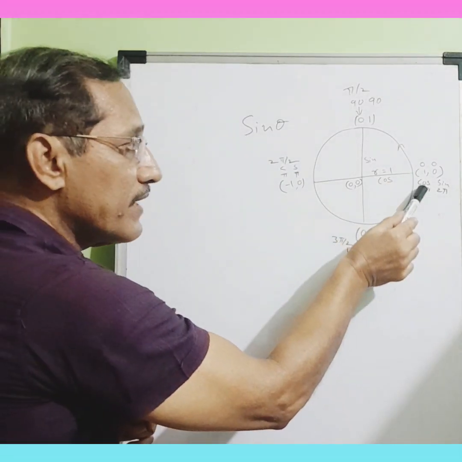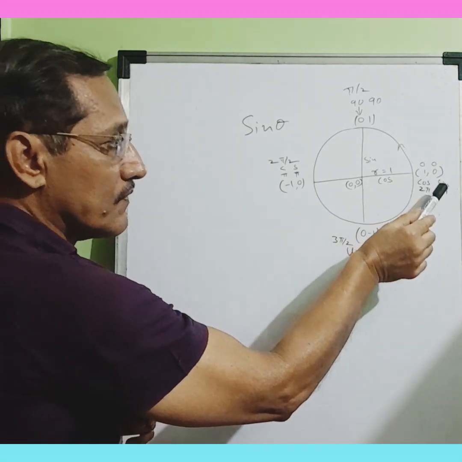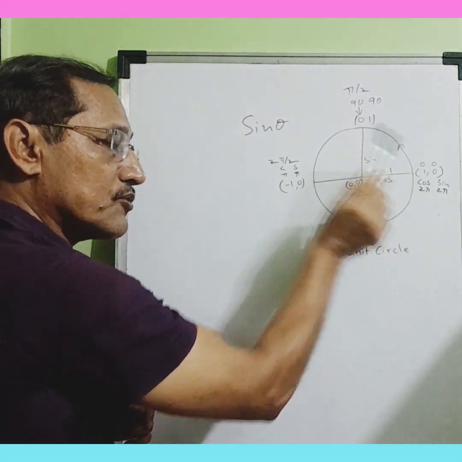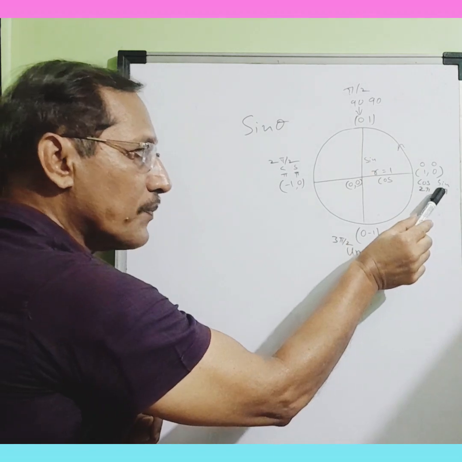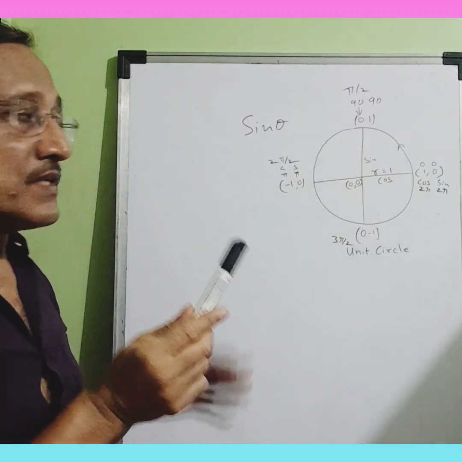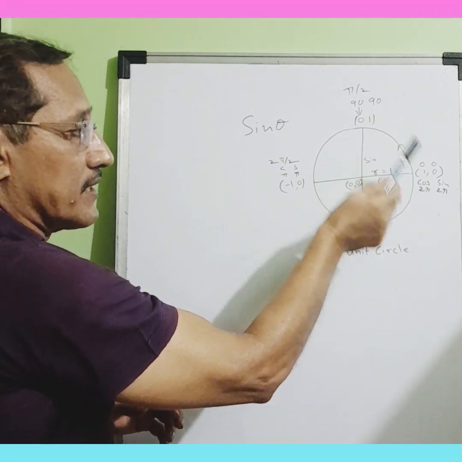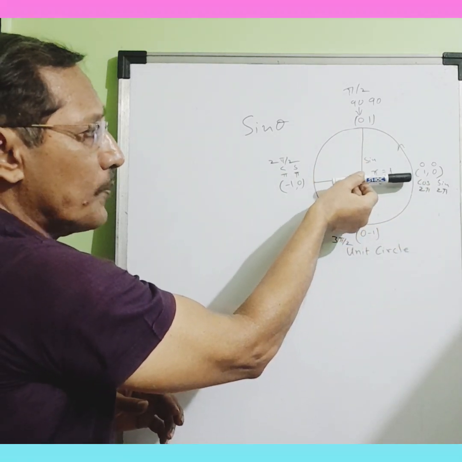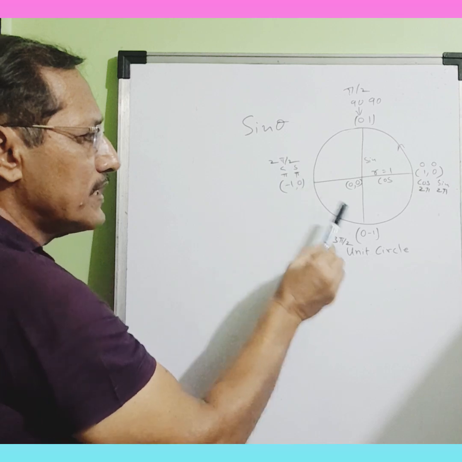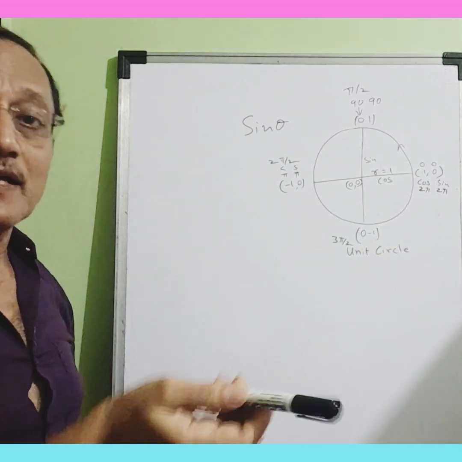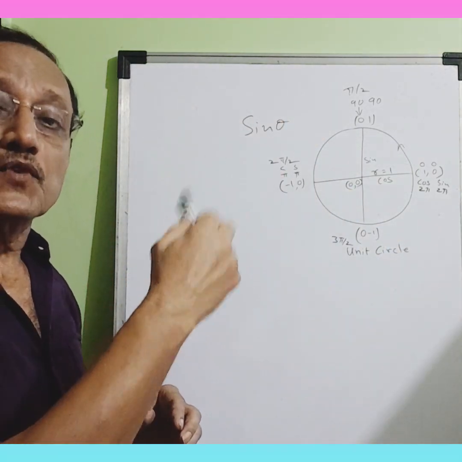So 4 pi would also have this value, for cos and for sine. Similarly, it's true for every other place. Here we are talking in terms of 2 pi, so keep on adding 2 pi to all these values.